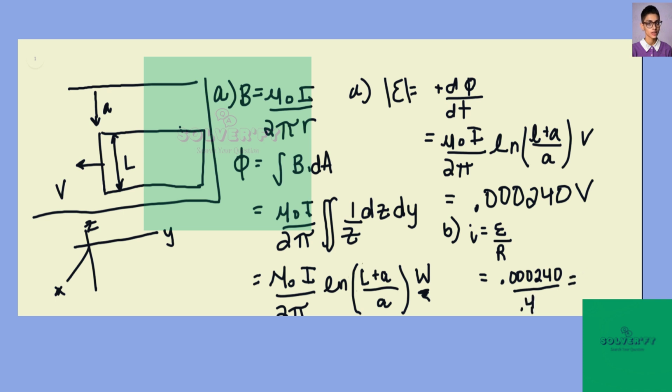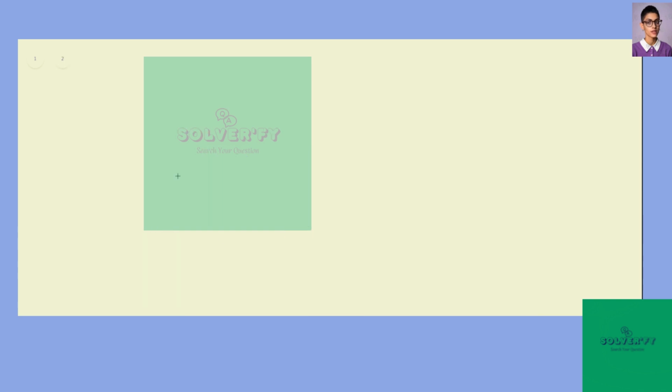And with that, I got 0.000599, so 0.0006 basically, amps. And for C, I'm asked to calculate the power, so that's just going to be the EMF squared divided by the resistance.